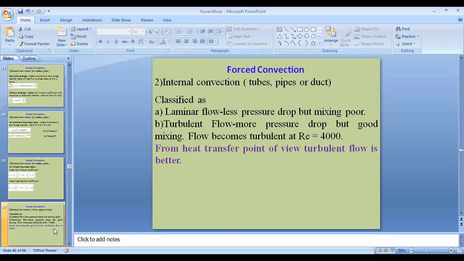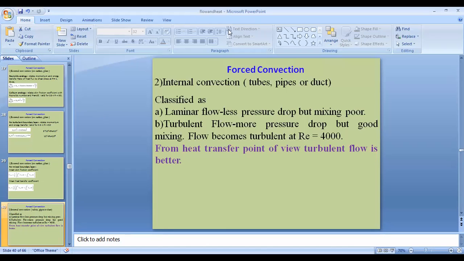Now, this is our main topic. Mechanical engineers mostly deal with flow in pipes, tubes, and ducts. Please understand, it is not like external flow, where it is a mix of laminar, turbulent, and transition.